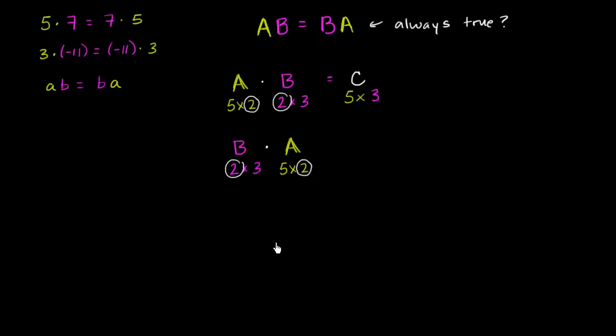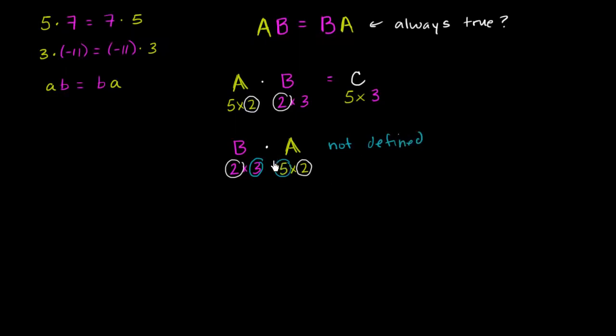Well, the first question is, is matrix multiplication even defined for these two matrices? When you look at the number of columns that B has and the number of rows that A has, you see that it actually is not defined, that we have a different number of columns for B and a different number of rows for A. So here, the product is not defined.